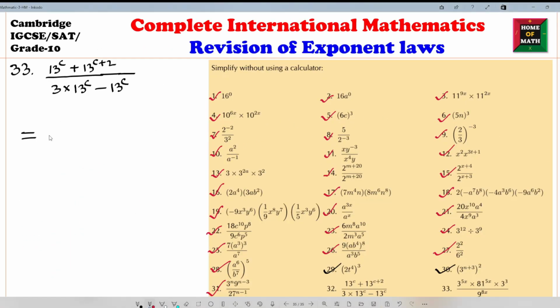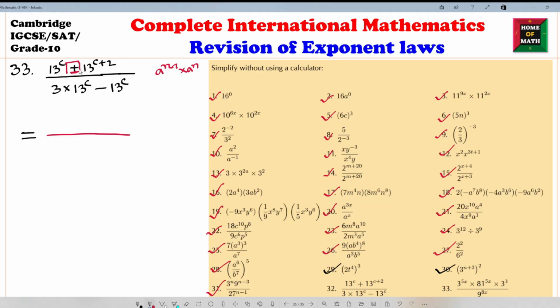Here is 13 to the power c plus 13 to the power c plus 2, divided by 3 times 13 to the power c minus 13 to the power c. Look, here is a plus sign, so in this case we will not use a to the power m times a to the power n.